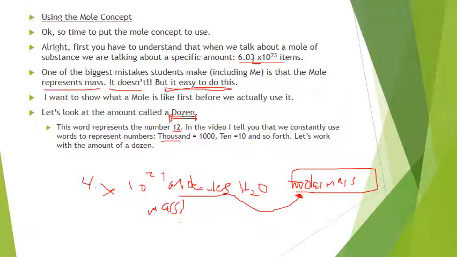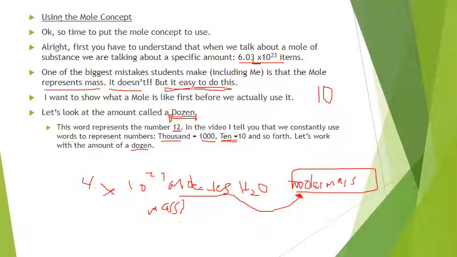Like 1,000 is 1000, 10 is 10, and so forth. So we always have words for numbers. Just by saying ten, that's a word, it's not a number. And if I told you to write down ten, you'd probably write down 10, but I really wanted you to write down TEN.